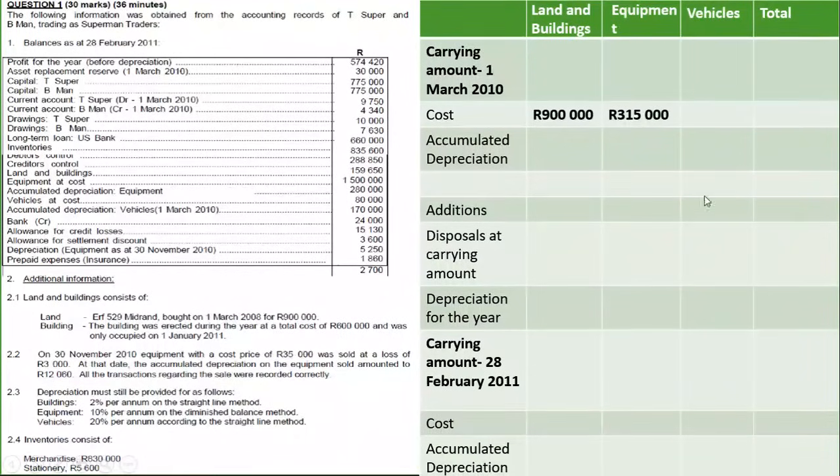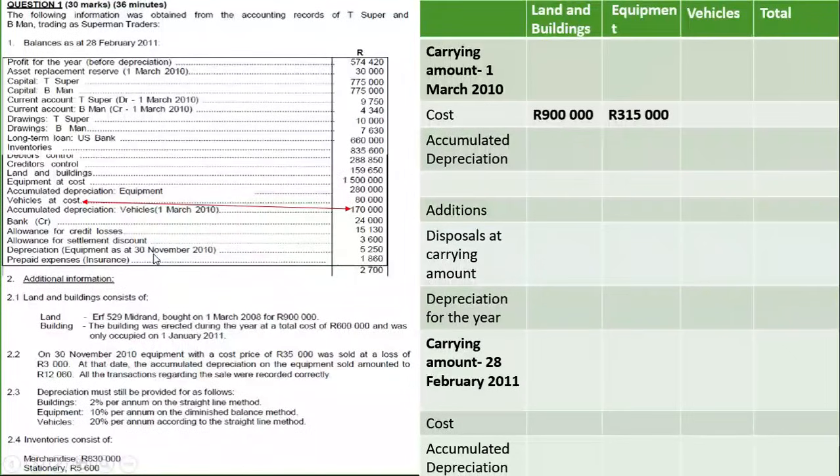Next, we look at the vehicles. We are given a vehicle at cost at the beginning of the period, which is 170,000 rand. No, sorry, at the end of the period, because we're told these are balances as of 28 February 2011, and that's when we're preparing the PPE note. So we're given vehicle at 170,000 rand. Now we go to additional information to see if there was any movement to vehicles, whether we purchased or sold vehicles. We can see from additional information there is nothing that speaks about vehicle here.